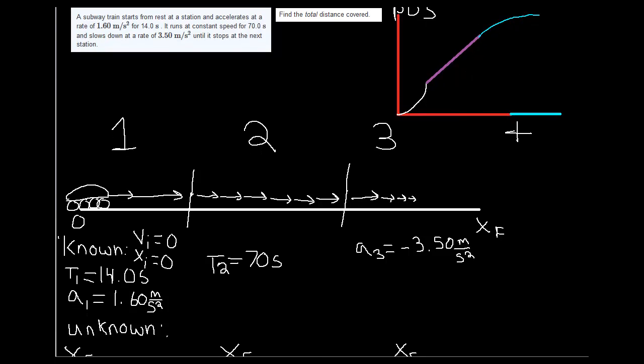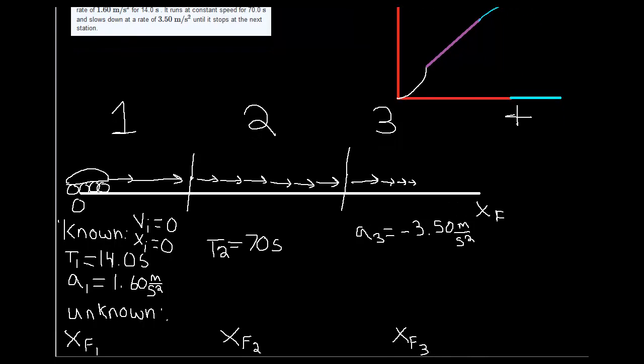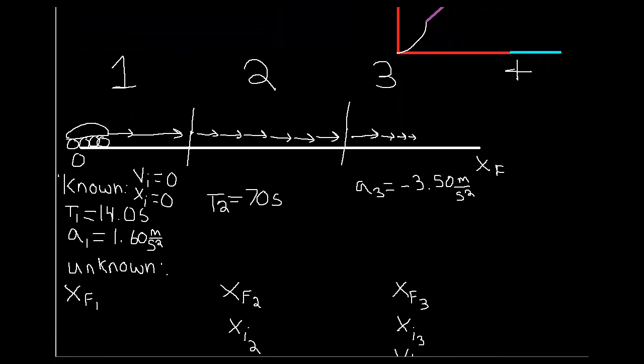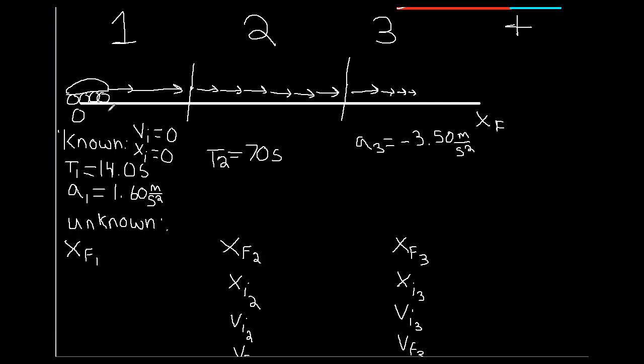So moving along here, we have our known and unknown. I've created another chart of what's going on. We want to separate it into stage 1, where we know the velocity initial was 0, the position x initial was 0, the time was 14 seconds, and the acceleration 1 was 1.60 meters per second squared.